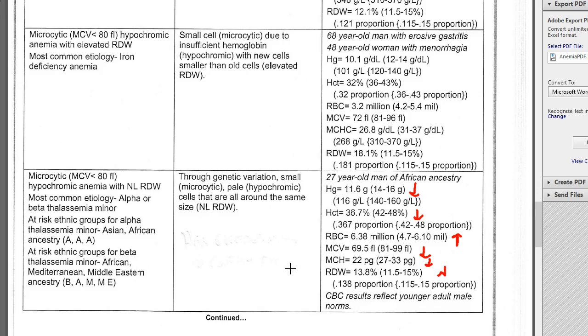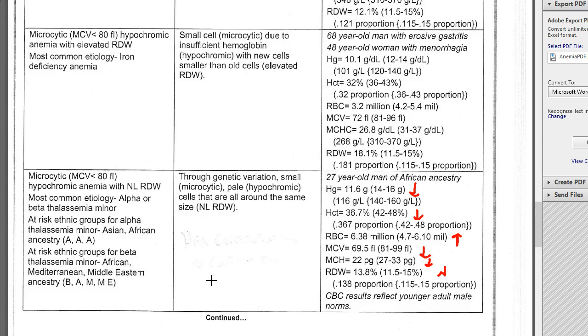Next step to test for in this setting is going to be something called hemoglobin electrophoresis. I'm not going to take the time to spell it out with my chicken scratch there. But just remember electrophoresis, hemoglobin electrophoresis for these people. And that's primarily, we're talking about the minors.